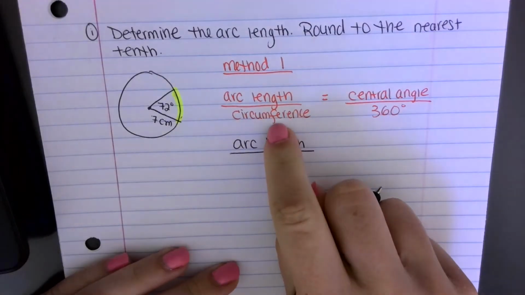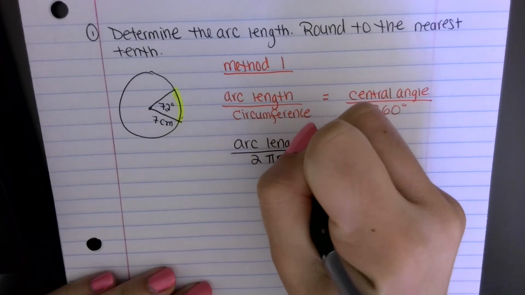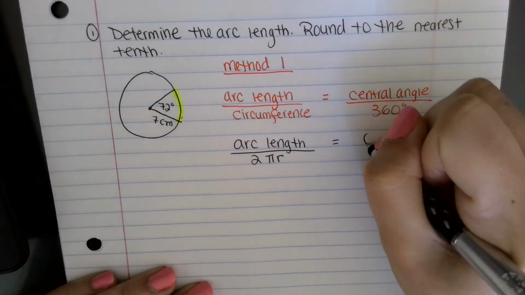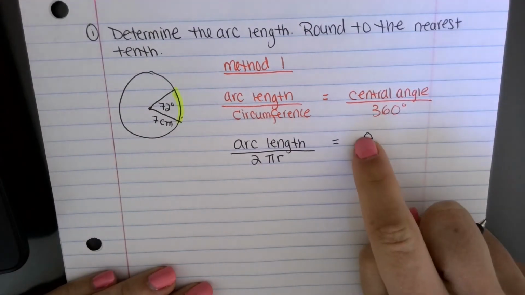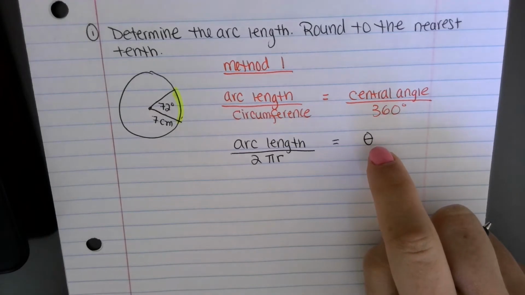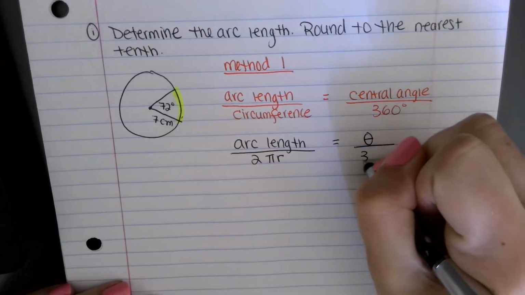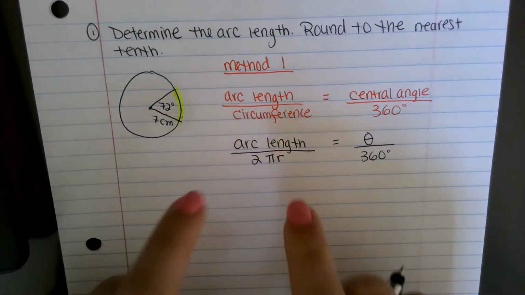Now, to find the circumference, the formula is 2 pi r equals my central angle, which I'm going to write as theta. This is not 0. Think of it as a variable specified for an angle. So this is theta. It's your angle over 360 degrees. So now we're going to go ahead and plug in our values.